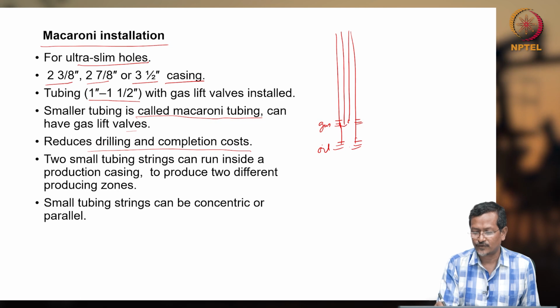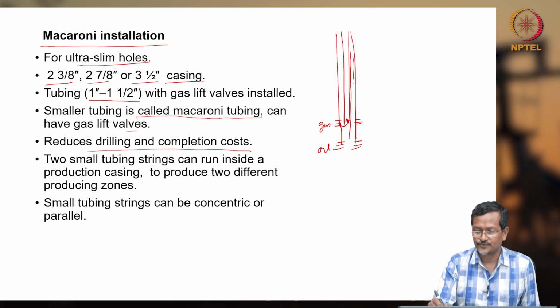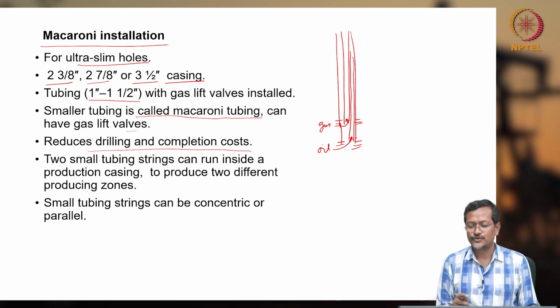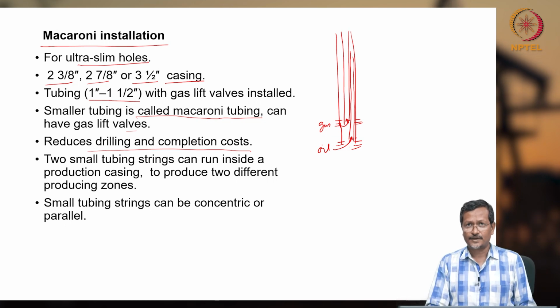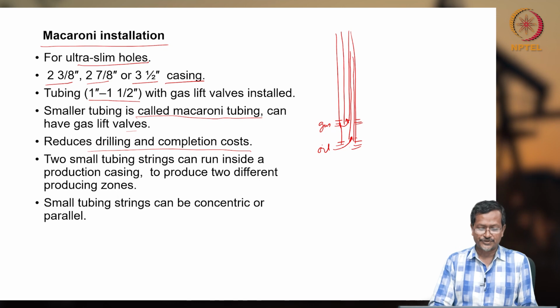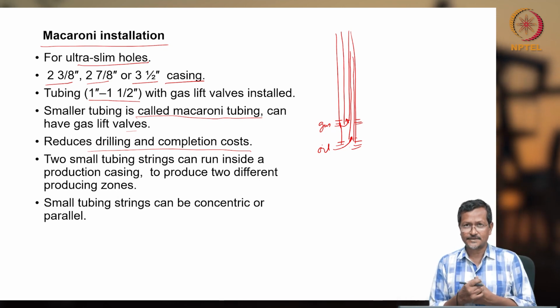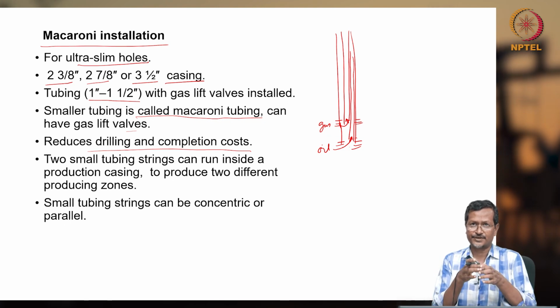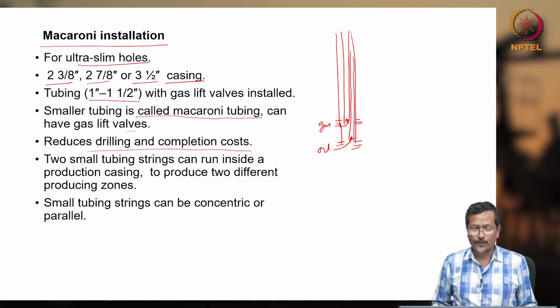So from here you get all the gas or oil, and you put another tubing to get oil and gas from this bottom one. So you can put multiple tubings to get production. Small tubing strings can be concentric or parallel. Here I have drawn a parallel system, but sometimes it can be concentric, one tube over another tube, which is also possible.